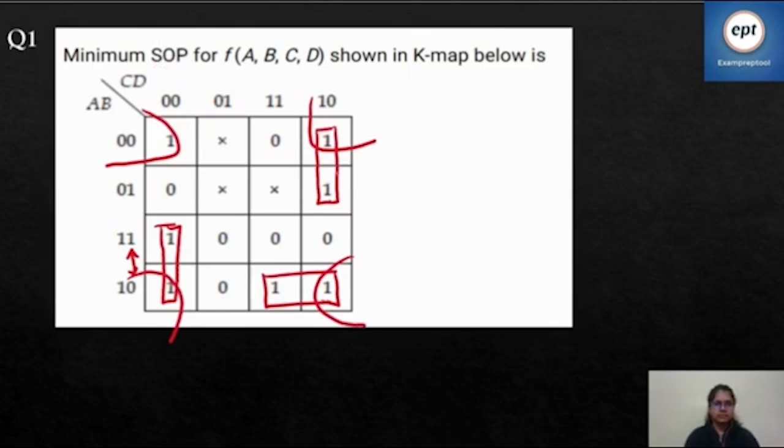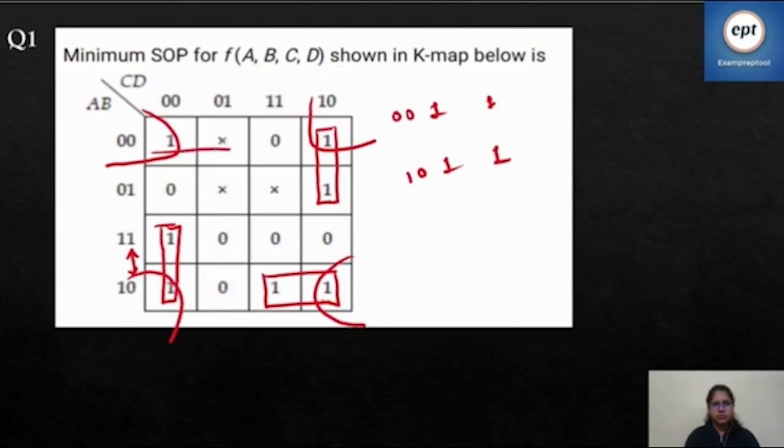And in this four-element group, which is 1, 1, 1, 1, I am talking about the corners. Here this is 0, 0, this is 1, 0, this is 1, 0 actually, and this is 0, 0, this is 0, 0.